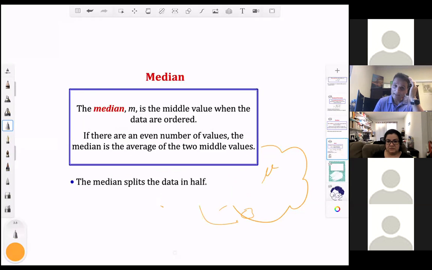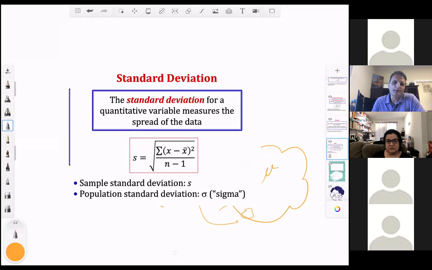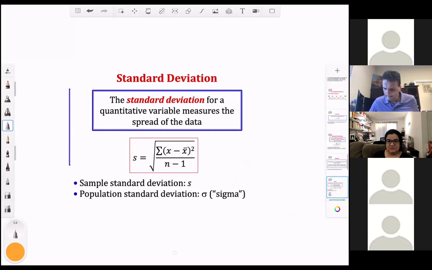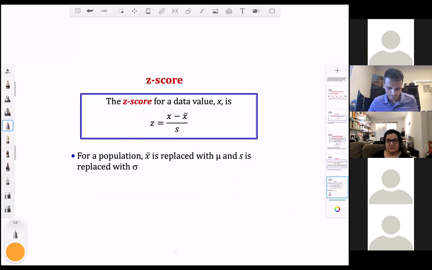Then we learned about the median. The median is going to be the center of the data. Then we learned about the standard deviation, which some of you pulled back from. So, oh, what is this? Again, the standard deviation tells us how far the data are from the center. And then you go to z-score.